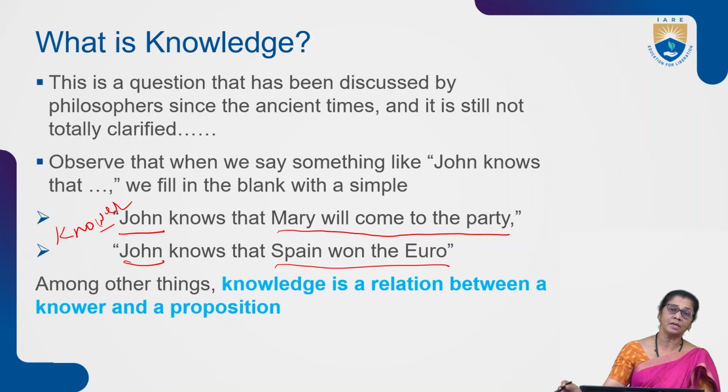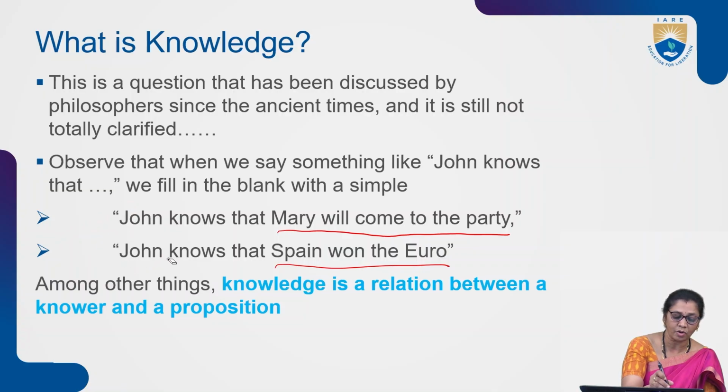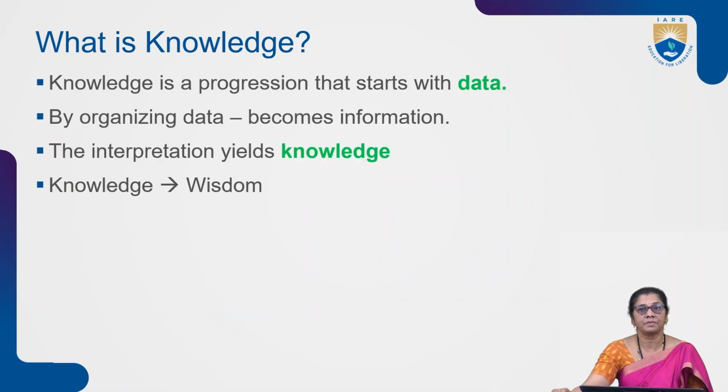But when we put it in a simple way, what is knowledge? We can even say that knowledge is a progression that starts with data, and data has to be collected from different sources. By organizing the data, it becomes information, that is, we have to process the data.